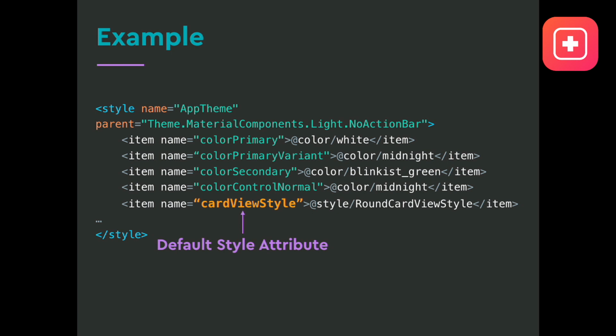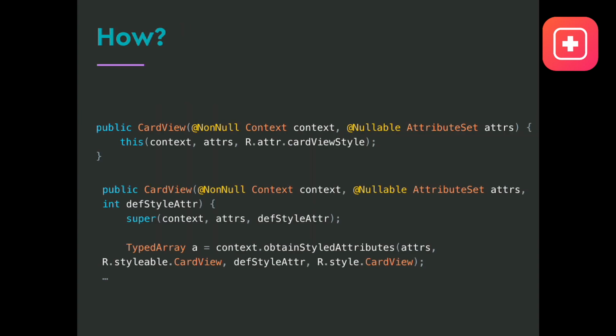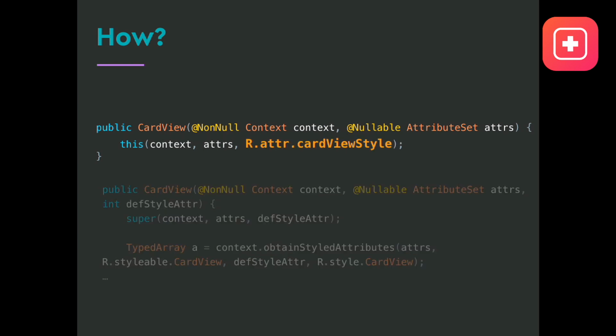So what happens next? In order to understand this, let's take a look at the CardView class. It has many constructors, and we're only going to look at 2 of them, where the first one calls into the second one. And if you look closely, you'll see that the last parameter in the CardView class is the default style attribute for a CardView that we just set, which is R.attr.cardViewStyle.